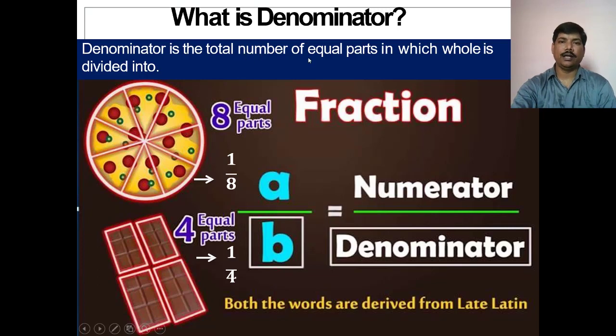The denominator is the total number of equal parts in which the whole is divided. It means the whole is divided into 8, so the denominator of the fraction will be 8. In this figure also the denominator will be 4.